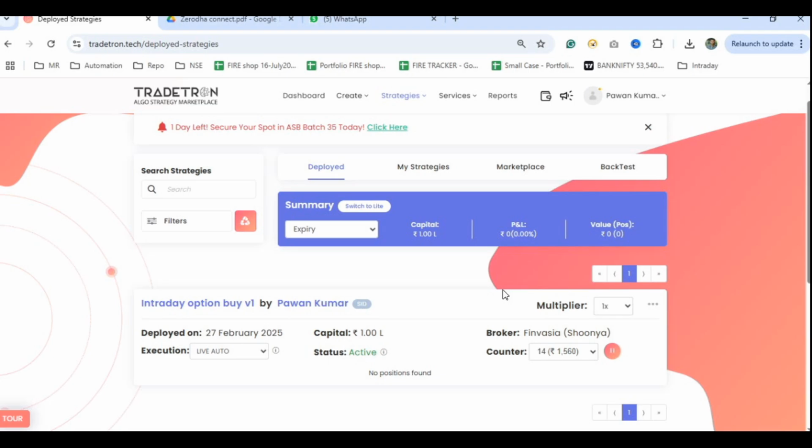One more question they have asked is which broker should I choose. I recommend the broker which is giving free API. If you are using Zerodha, then you need to pay approximately 2,000 to 3,000 rupees monthly. I selected Shunya. I think Angel is also giving free API, and you should check which broker is giving APIs, because we don't want to pay for that when we can get it free of cost.